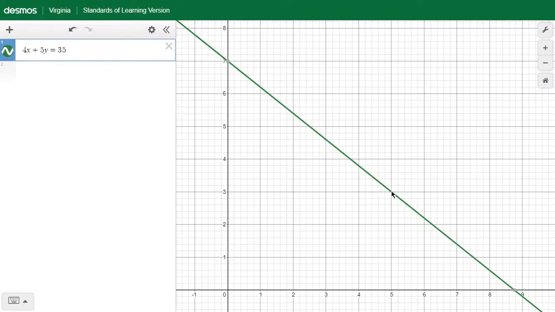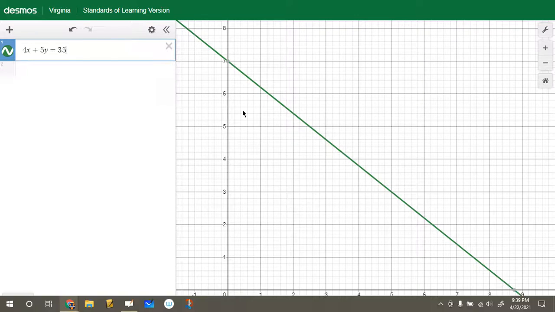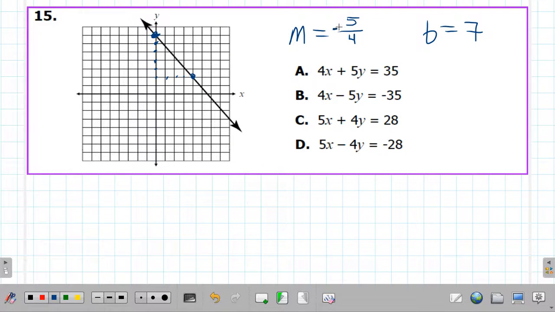Well, let's go from, let's say, this point right here to this point. Well, I've got to go down 1, 2, 3, 4, and then I've got to go over 1, 2, 3, 4, 5. So that's actually the slope, negative 4/5, which once again looks very similar, but that means it's not answer A.